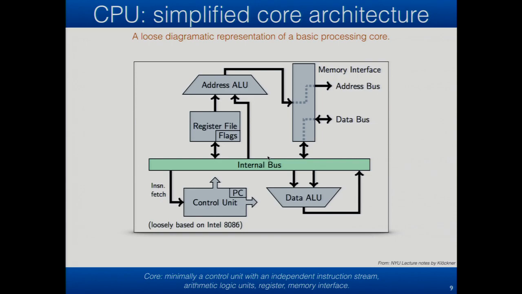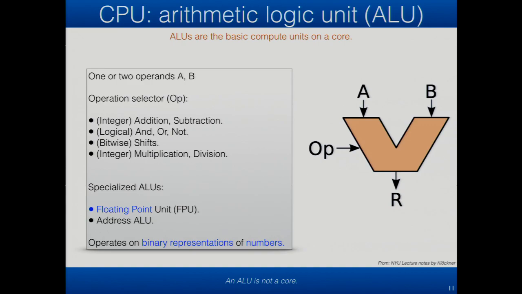Okay? And I'm going to claim that to be a core, you're going to need to have your own independent control unit. You're going to have your own independent stream, which is going to be at variance with what NVIDIA thinks a core is. So we're going to define a core as a piece of silicon which includes a control unit, which includes its own independent instruction stream. What's the arithmetic logic unit?